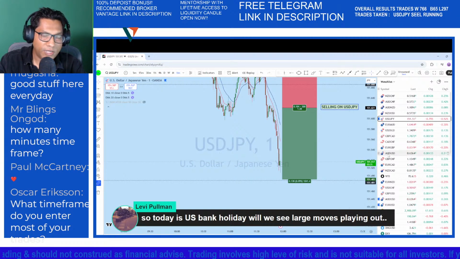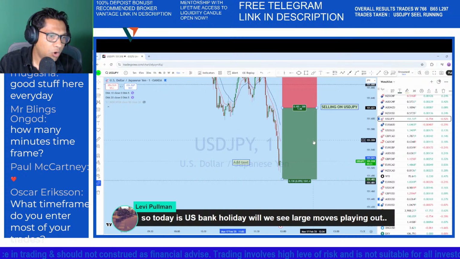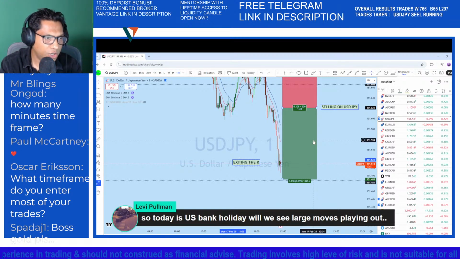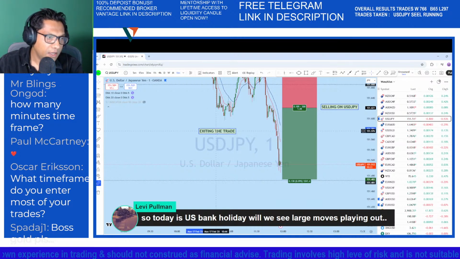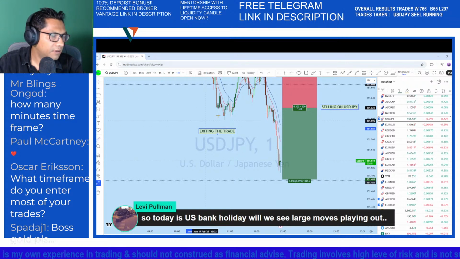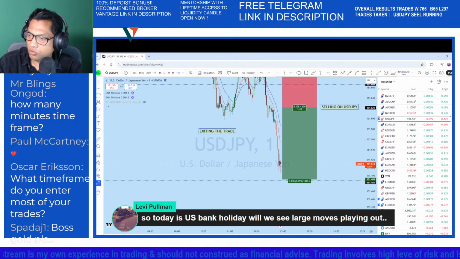I think we will be exiting the trade because, as we see, some long wick candle is being created, just 1 or 2 pip. So exiting the trade. How many pip here? In that one, we are 10 pip up on this trade.